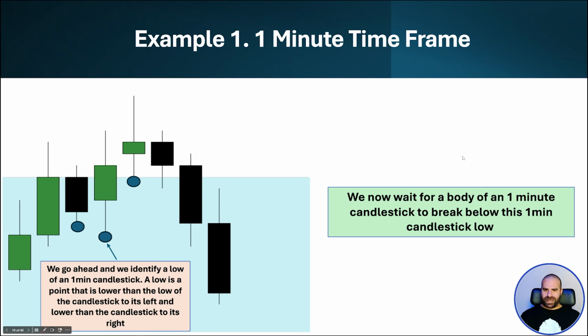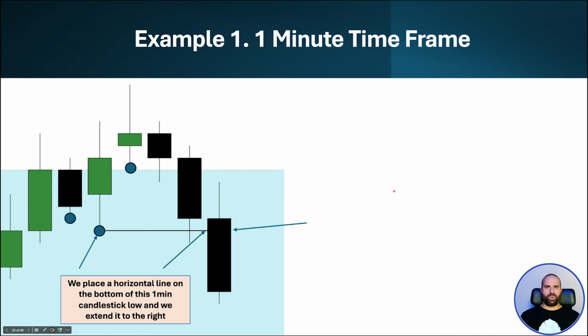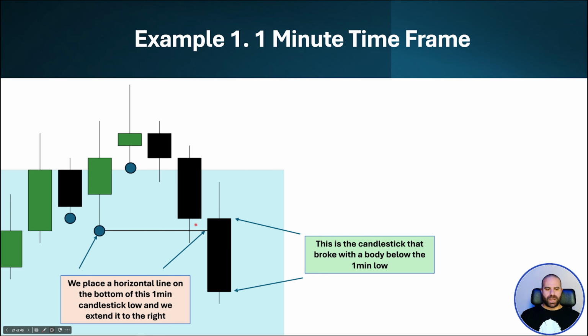What we will be expecting is a break below this low with a body of a 1 minute candlestick. So what we are doing, we are placing a horizontal line on the low of the candlestick and we extend it all the way to the right. What are we gonna be doing now? The first candlestick. When I say the first, I don't mean the first after the pattern of 3 candlesticks.